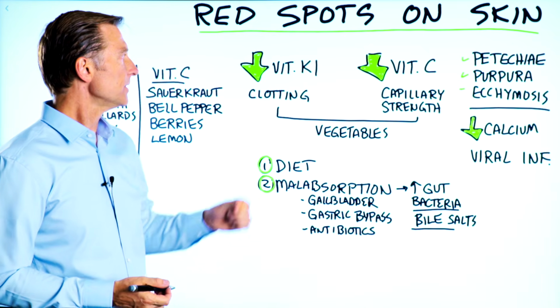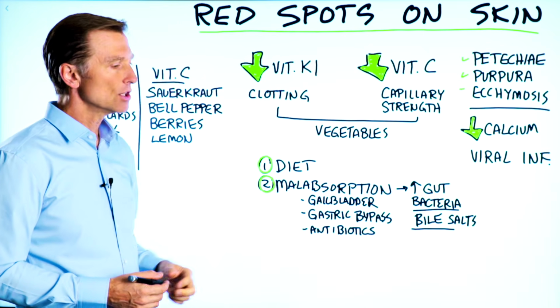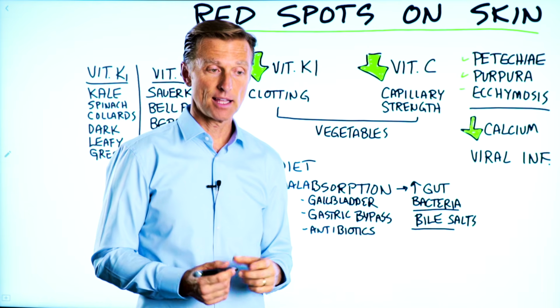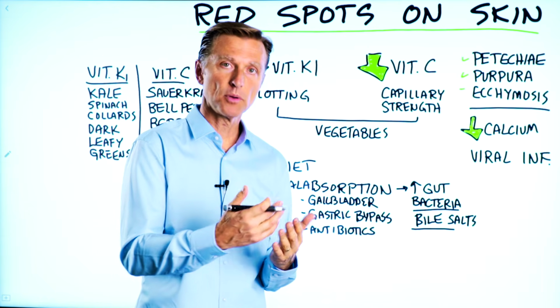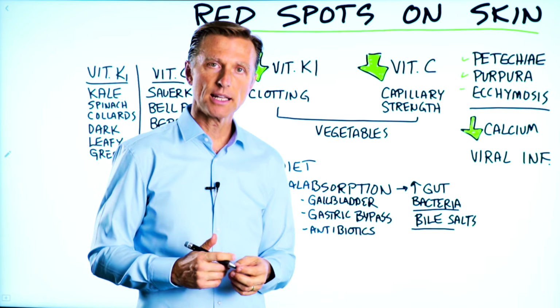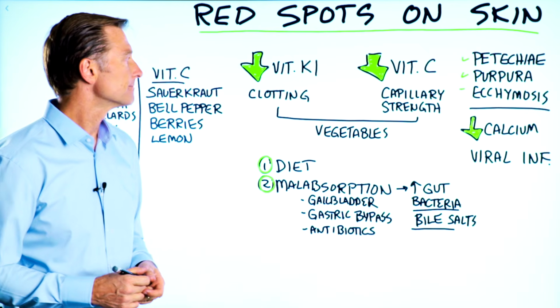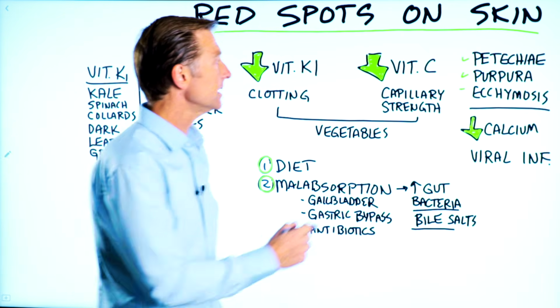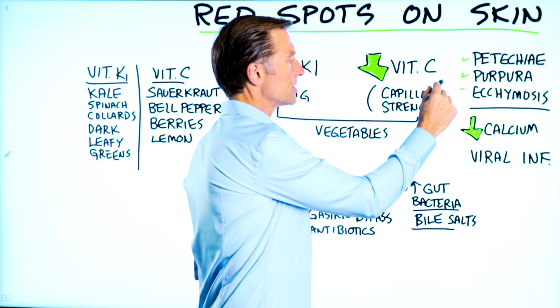Now, when you're deficient in vitamin K1, you're not going to be able to clot that well. So you're going to get bruising. Whether it's red or purple, you're going to have these little bruises on your body, and that could be the reason. You can also be deficient in vitamin C because vitamin C controls capillary strength.